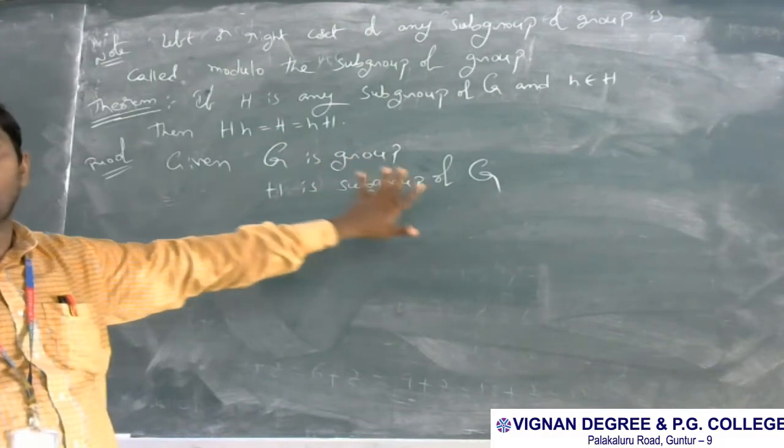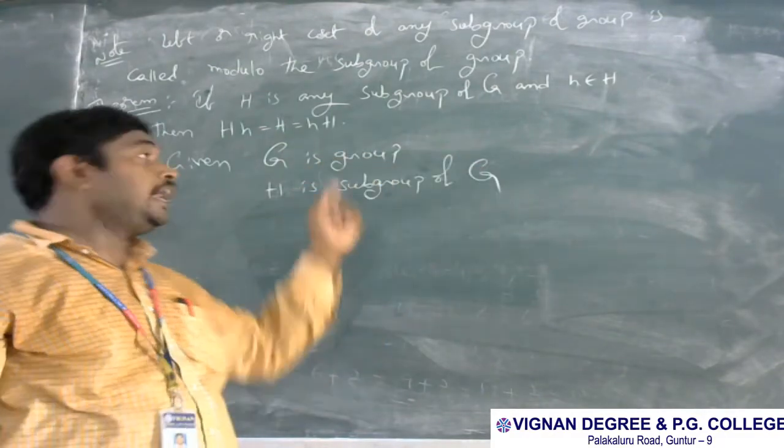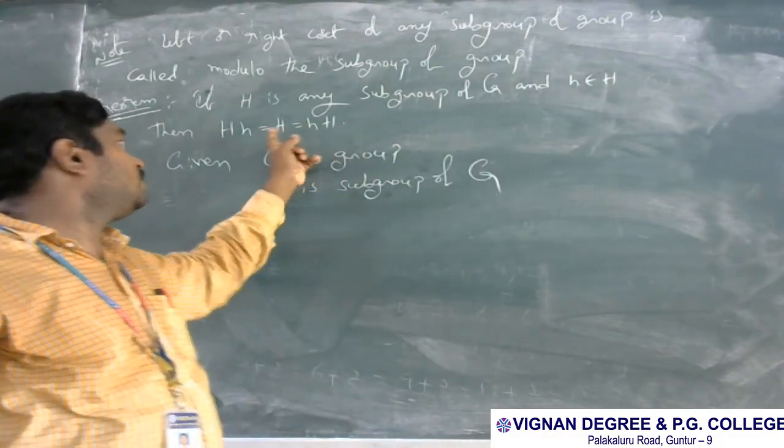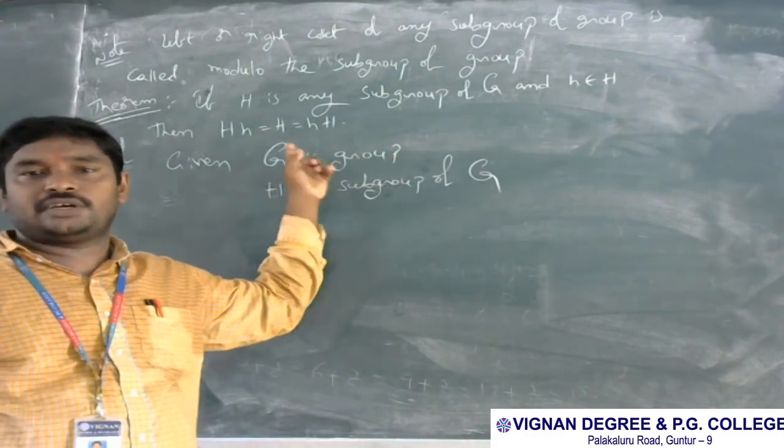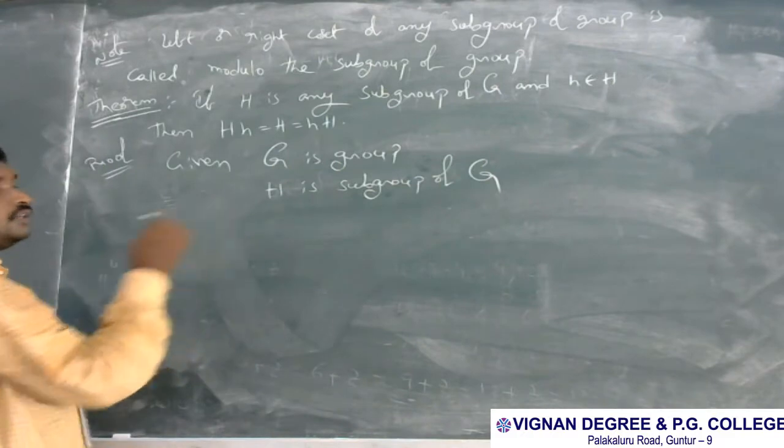So what we have to prove? Capital H into small h is equal to capital H, and similarly small h into capital H. So I am proving in two ways.